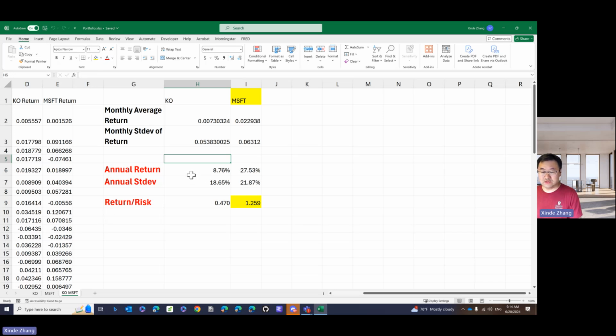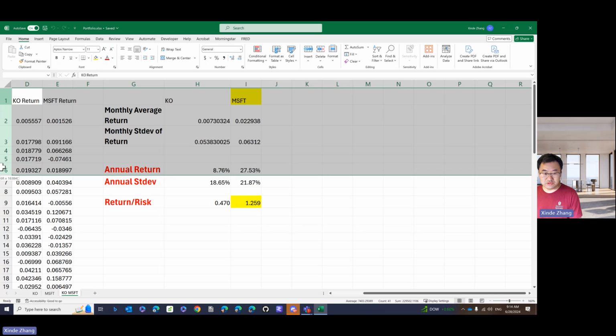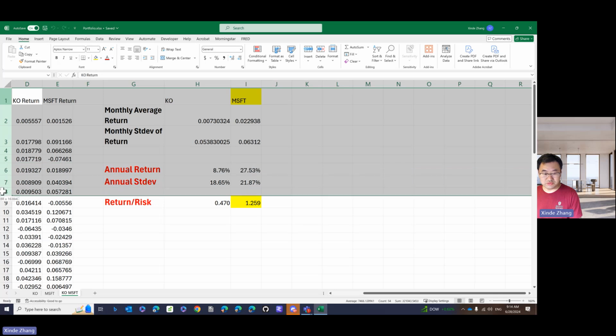Now, I'm going to do a couple of interesting things here. I'm going to add a few more rows on top. I'm going to add 8 rows on top, so I picked 1, 2, 3, 4, 5, 6, 7, 8.